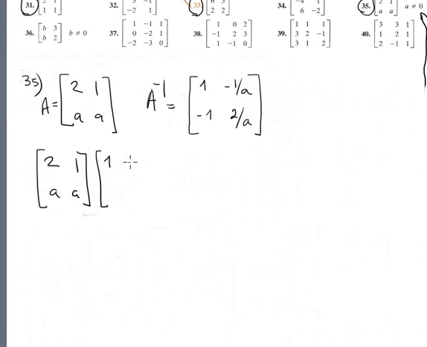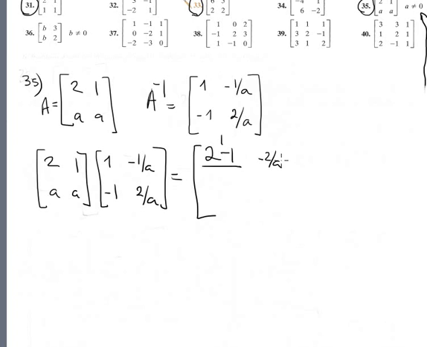The answer is, of course, a 2 by 2 square matrix. 2 times 1 is 2, this multiplied by this, and negative 1. It's obvious this one. This multiplied by this is negative 2A, and this is positive 2A, which is 0.